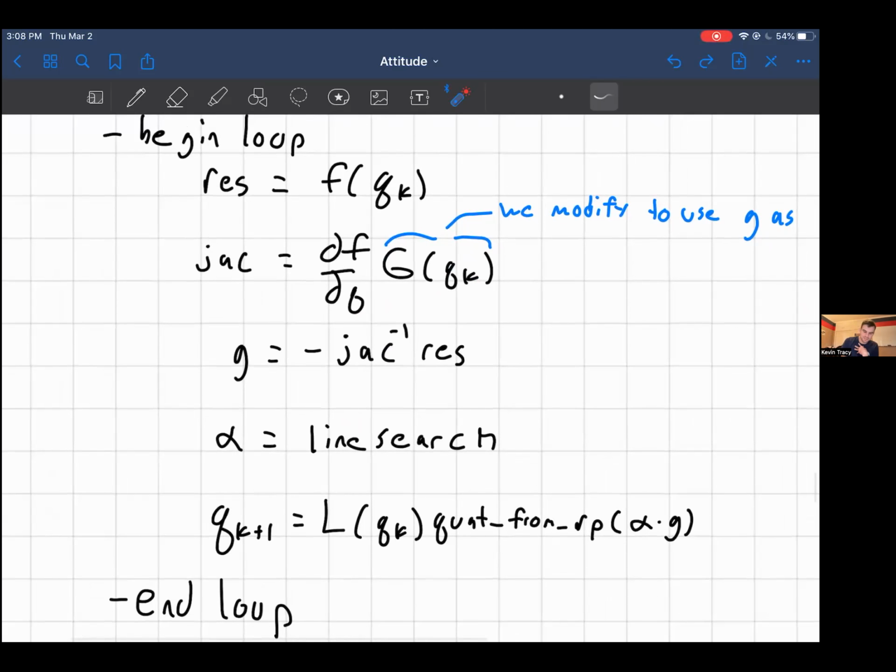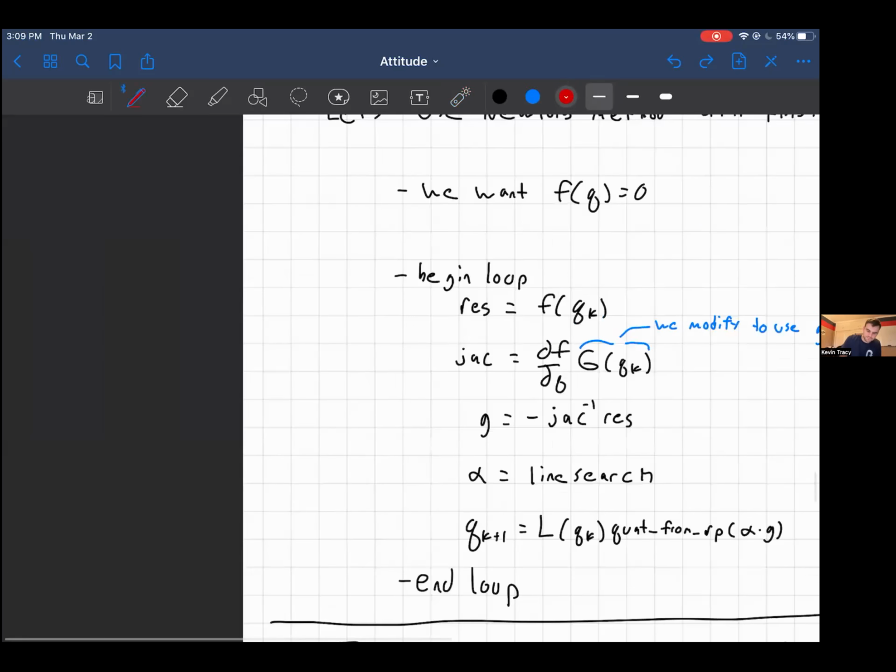And then I do some line search on alpha. The way I apply the update is L times QK times the quaternion from Rodrigues parameter alpha times G. To the left here, I'll write down what normal Newton's method would be.